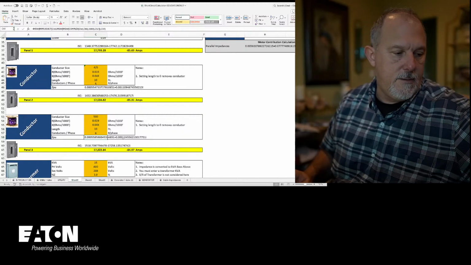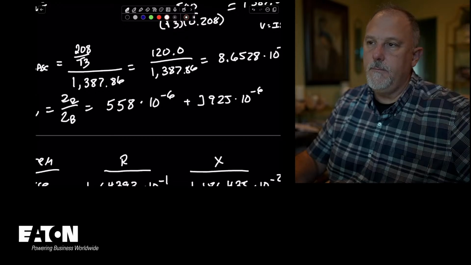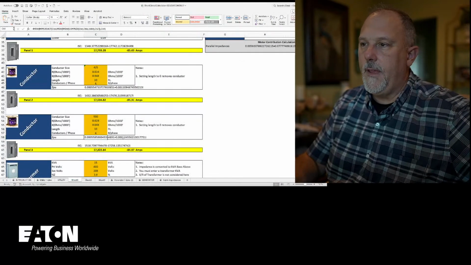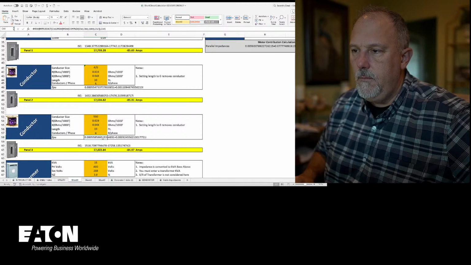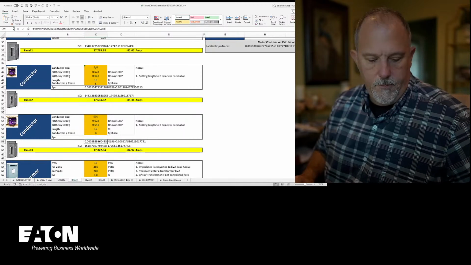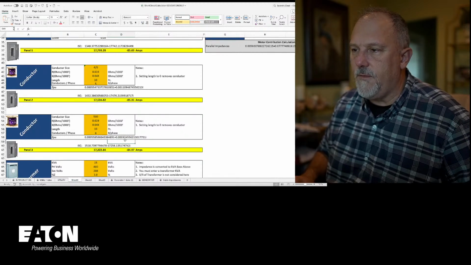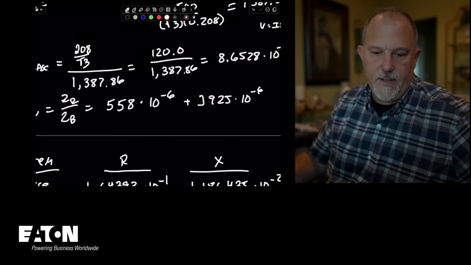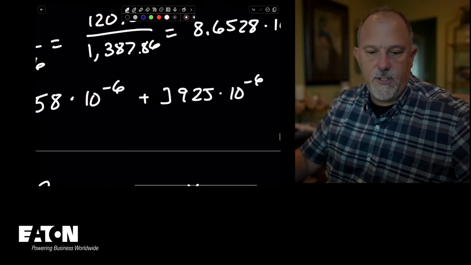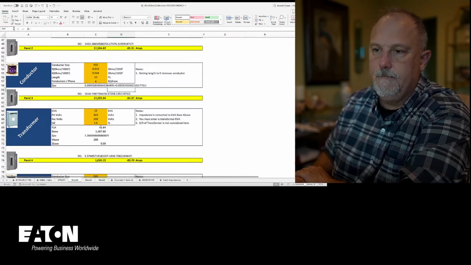Look at that. There's my 558 number. And then 0.00558. And then there's the 924,556. And there's the 925. So my 925 and my 558, both of those were done correctly.